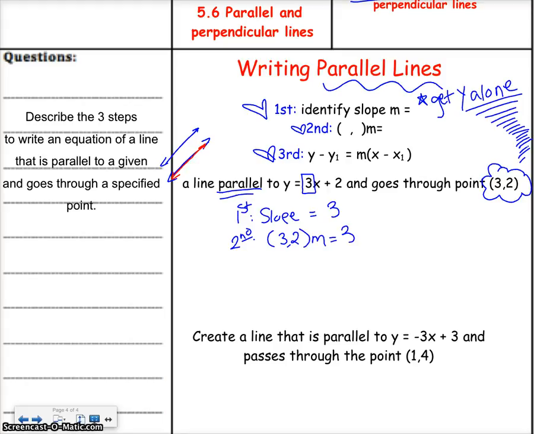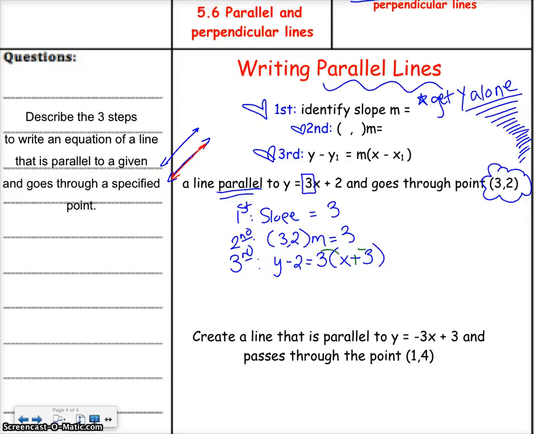I just calculated that in step 1. And then the third thing I do is use point-slope form to create the equation of this line. Point-slope is y minus the y you're given is equal to your slope times x minus the x you're given.